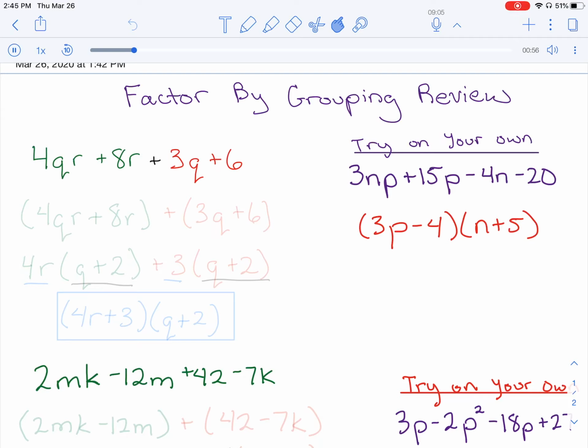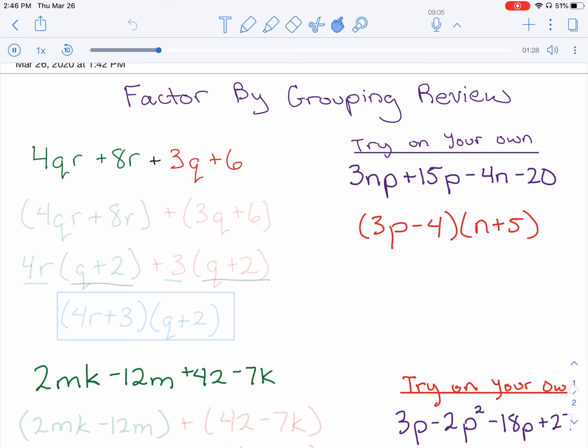Okay, so when I want to factor by grouping, one of the key elements is that I must have 4 terms within my polynomial in order to do this. And so the example that we'll start off with is one that we've probably done in class. We have 4QR plus 8R plus 3Q plus 6. And if you'll notice, I put them in 2 separate colors. So the first 2 terms I'm going to group together, and the second 2 terms I'm going to group together.